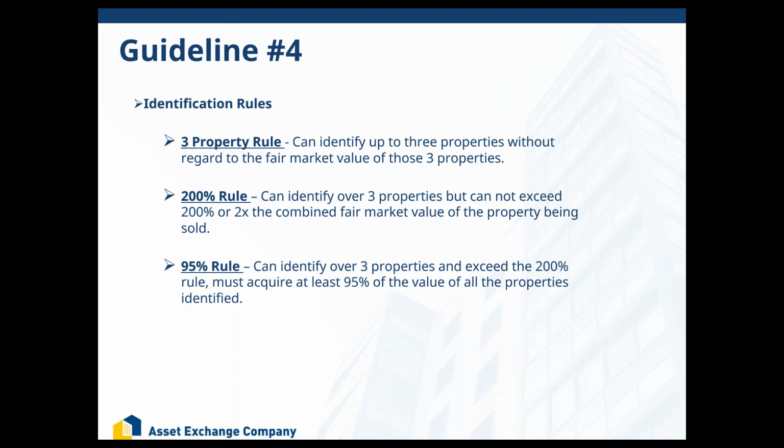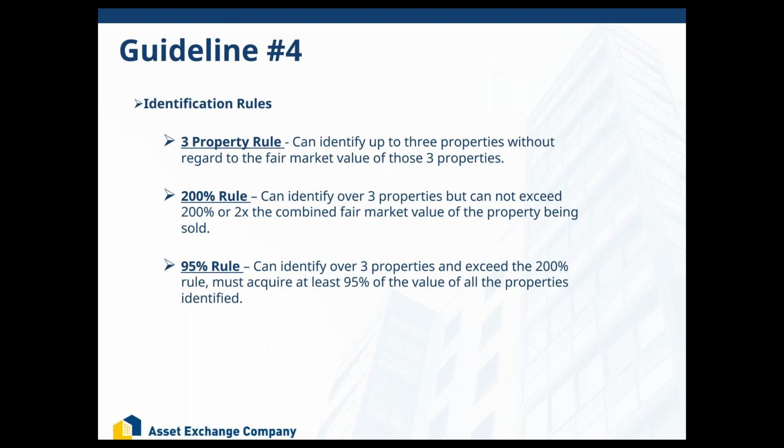Now, if you want to identify more than three properties, you can do that, but it's going to put you into this next rule. It's referred to as the 200% rule. What the 200% rule states is you can identify over three properties, but you cannot exceed 200% or two times the combined fair market value of the property being sold.